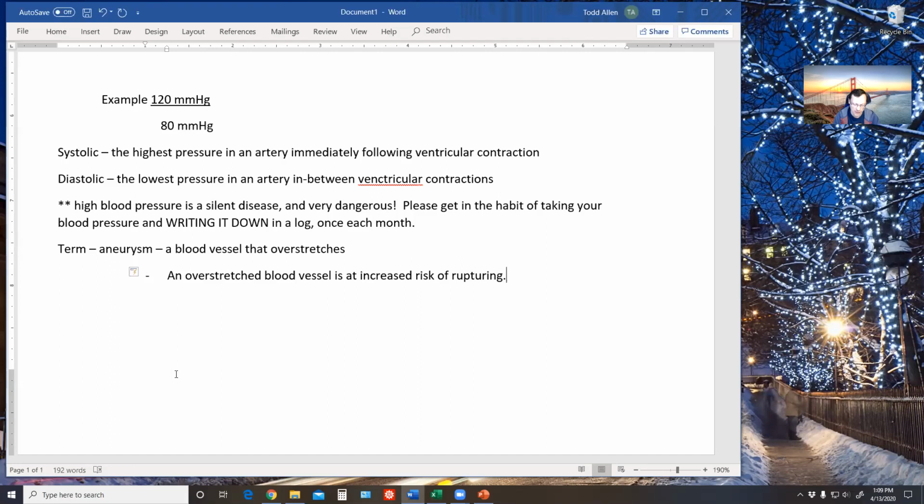After the war, he came home and was in a horrible car accident and experienced another severe head trauma. Long story short, when he was hospitalized for the second head trauma, they noticed that he had an aneurysm in the brain. He had an artery in his brain that had overstretched.